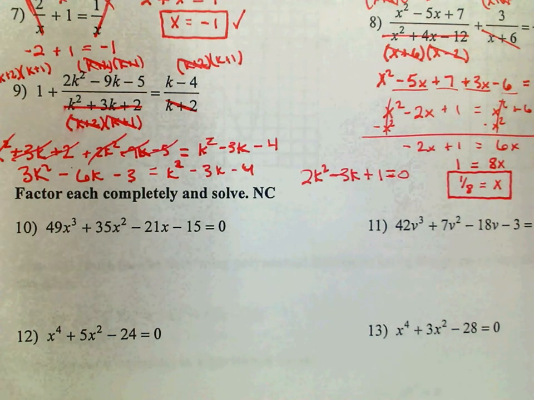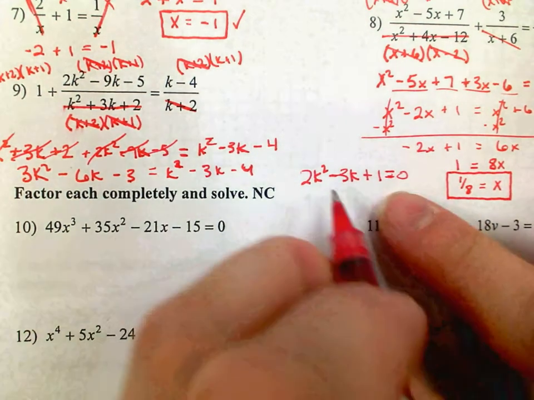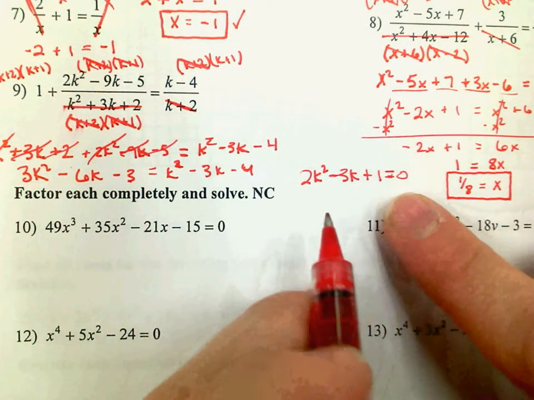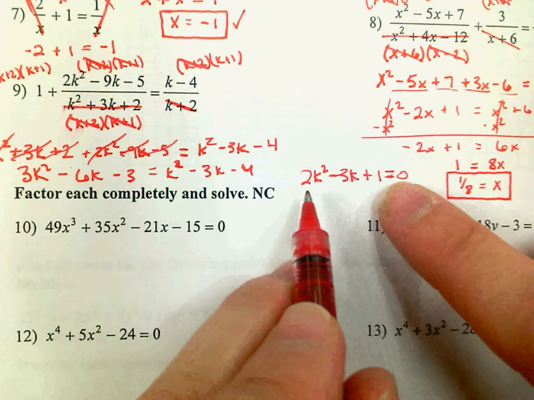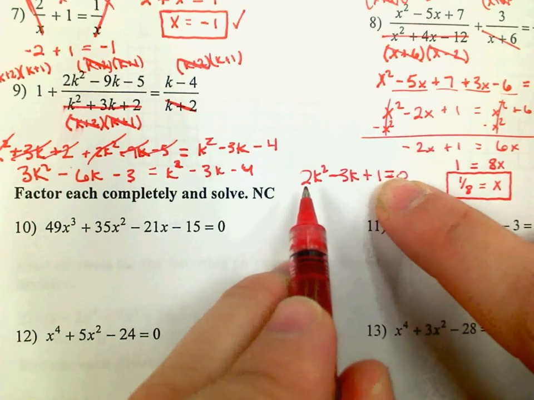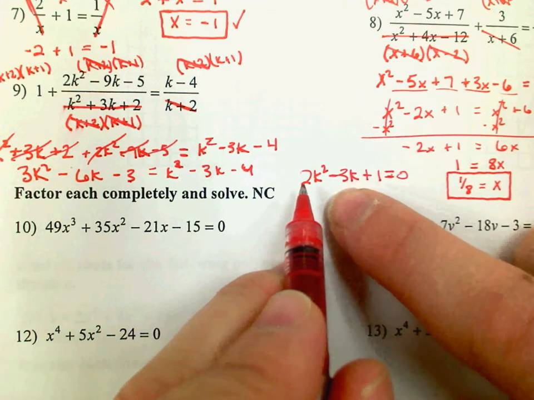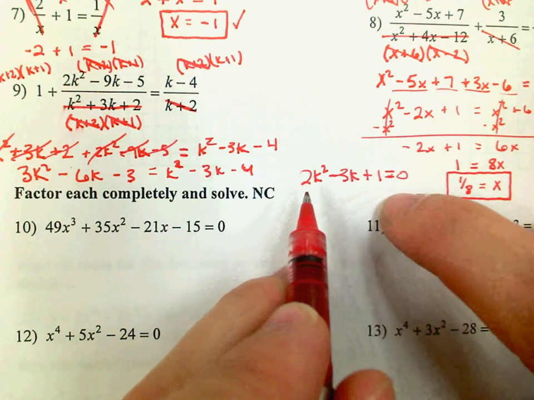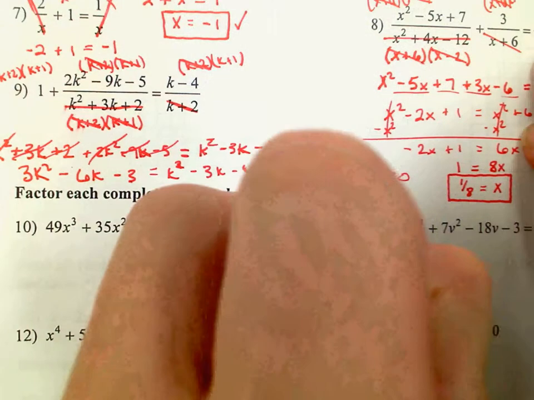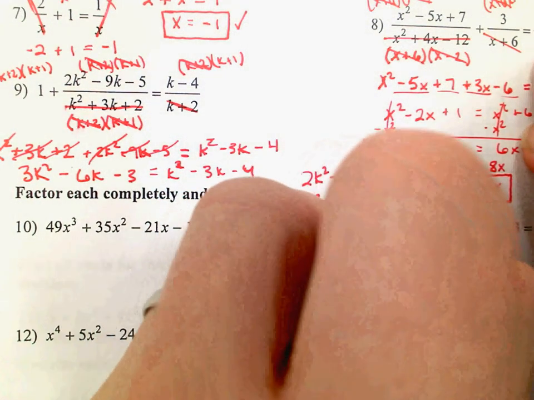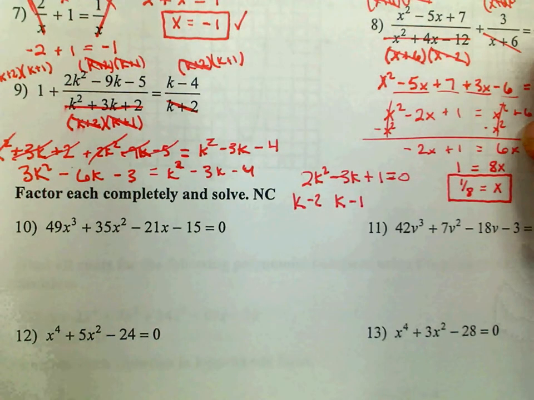So are there factors of 2, 2 times 1 is 2, that will add up to -3? And -2 times -1 will multiply to 2, and it'll add up to -3. So that would be k minus 2 and k minus 1. Now, because there is a number in front of k squared, we need to go ahead and divide both of those by 2, by that number.